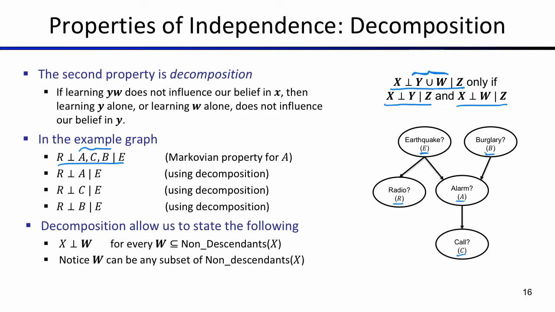In this case, we are making 3 decompositions for A, C, and B. We chose to make the decompositions for subsets of size 1, but we could also state that R is independent of a subset of size 2, like A and C given E, right? So we have more possibilities here.